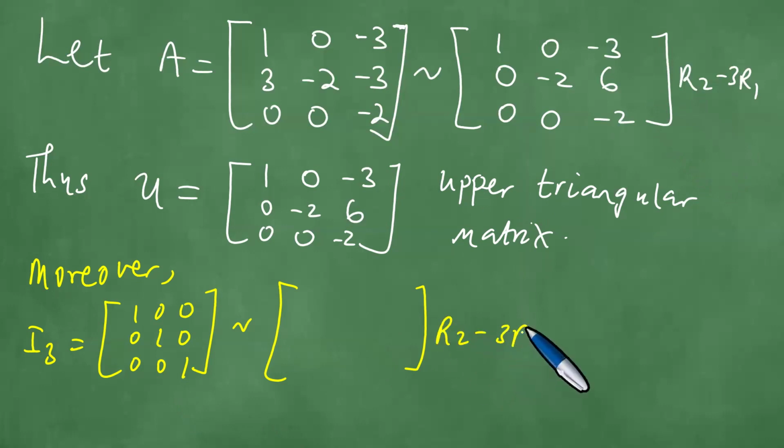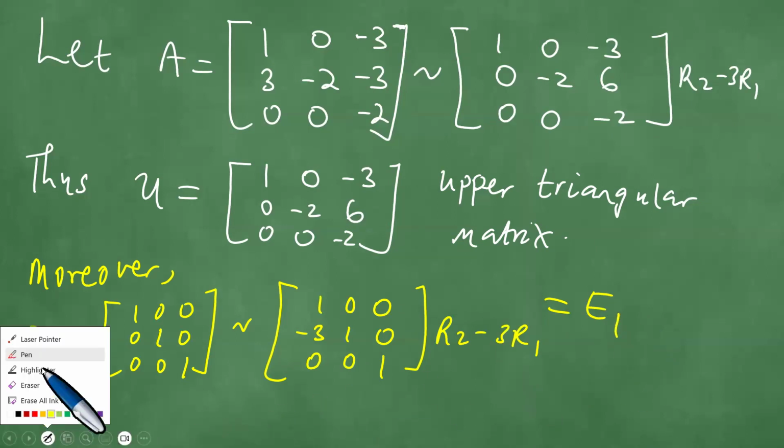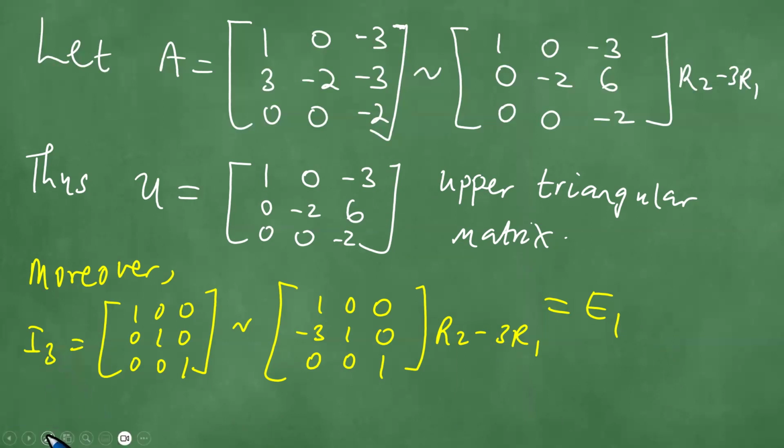That gives 1, 0, 0, then minus 3, 1, 0, and 0, 0, 1. We have therefore achieved an elementary matrix, which we can call E1.